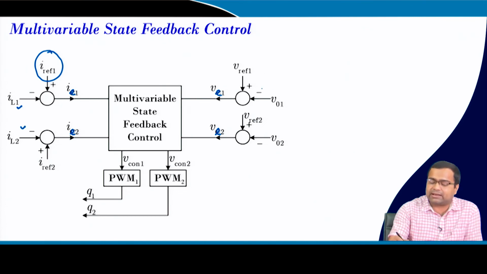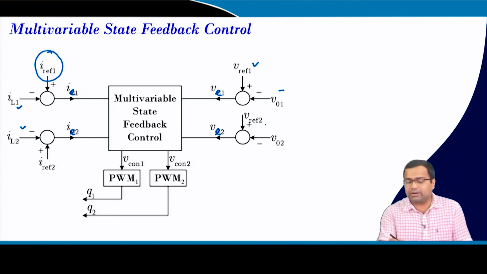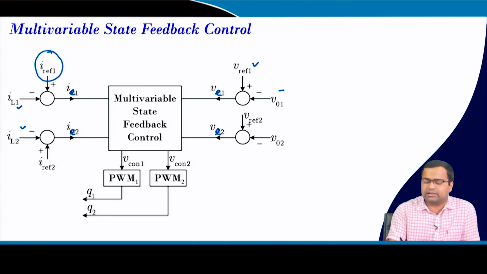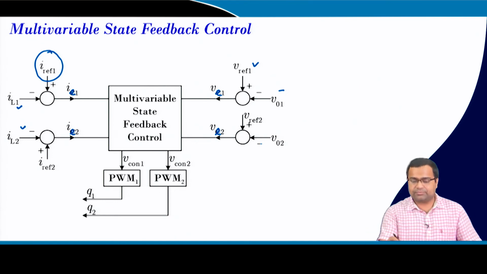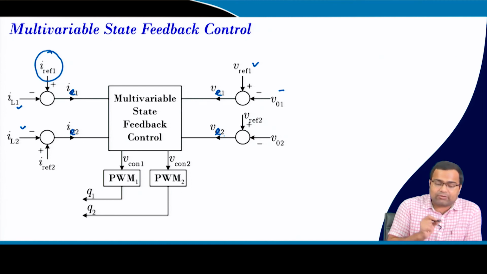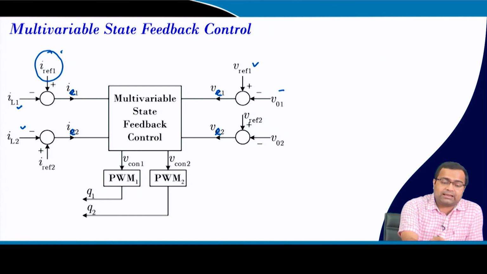Similarly, I can compare the reference one with output voltage 1 of the IBC, and Vref2 is the reference voltage for the POL converter, which is compared with the output voltage of the POL converter, and so we will generate the error voltage. Then what do we do? How do we generate IREF1?